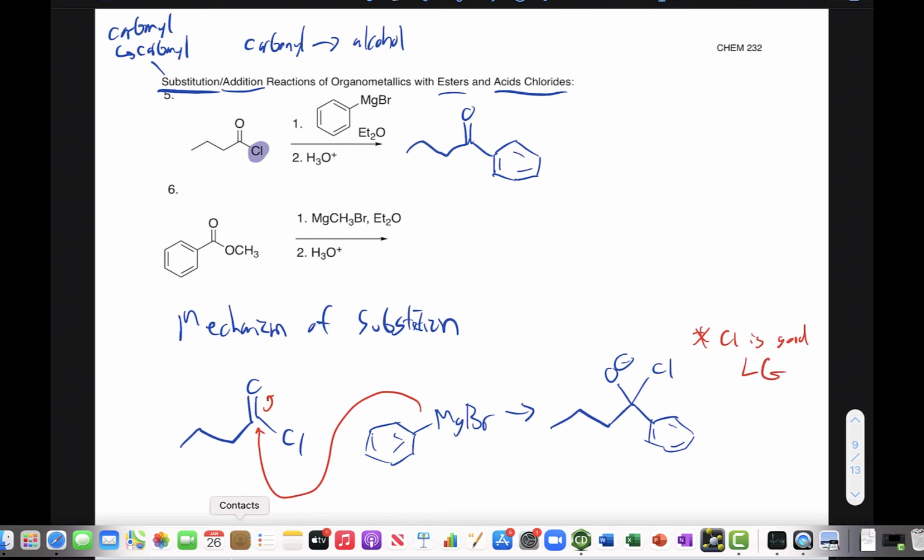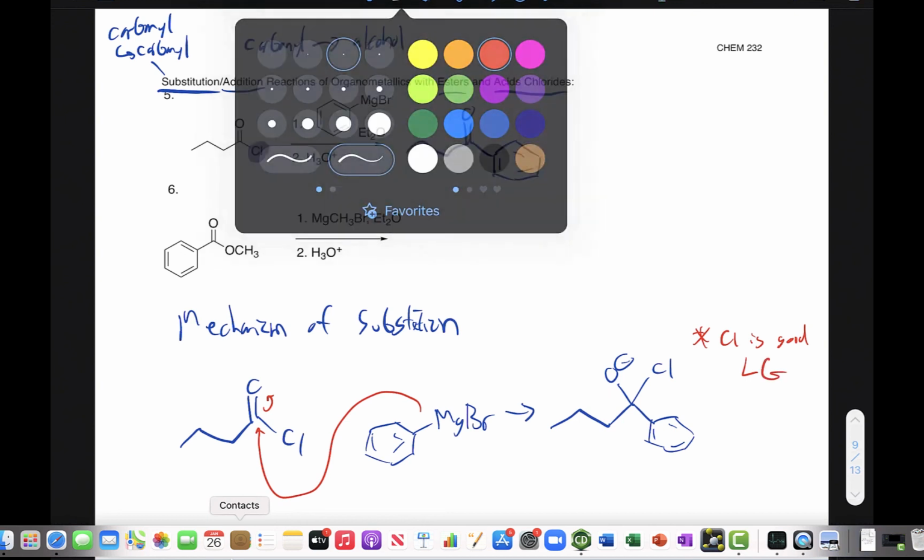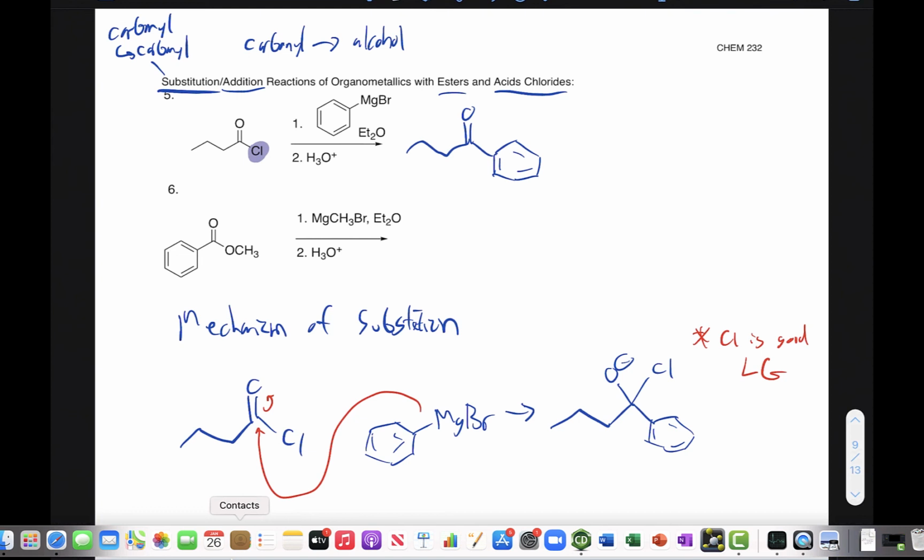So instead of forming an alcohol with H3O+, this happens first, with this tetrahedral intermediate. We call this a tetrahedral intermediate because this carbon is sp3. We actually reform the carbonyl and the chlorine leaves, bringing us to our product that we have listed up above.